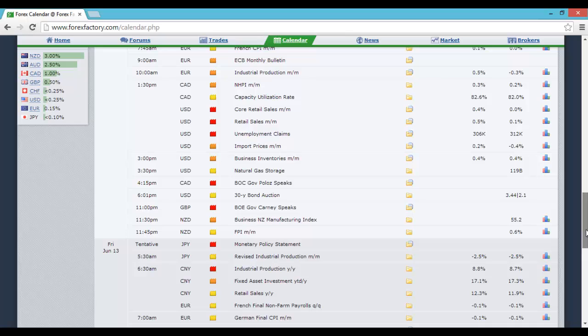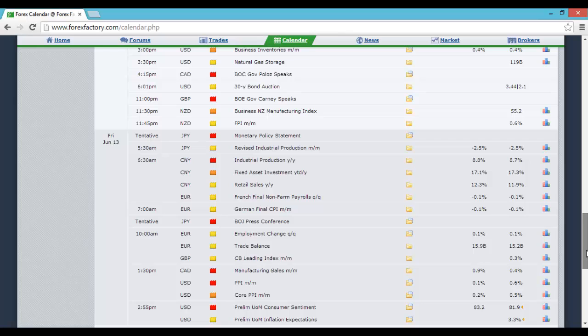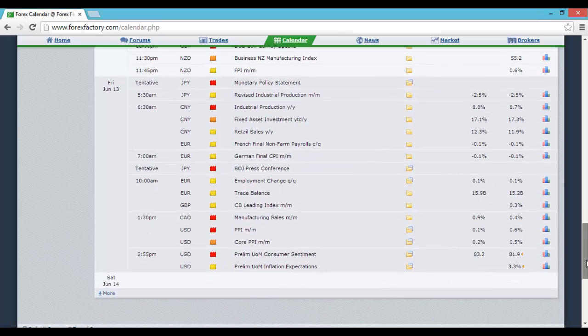At 4:15, you've got Bank of Canada Governor Poloz speaking. And then at 11 PM, Bank of England Governor Carney speaking. Then Friday, more overnight Japanese and Chinese data. And then at 1:30, the second bit of US data from the week is US PPI. You've got Canadian manufacturing sales, and to round off the week, US preliminary University of Michigan consumer sentiment.